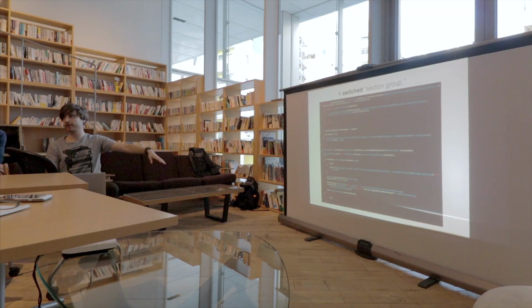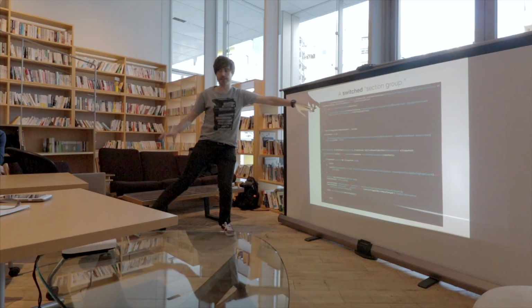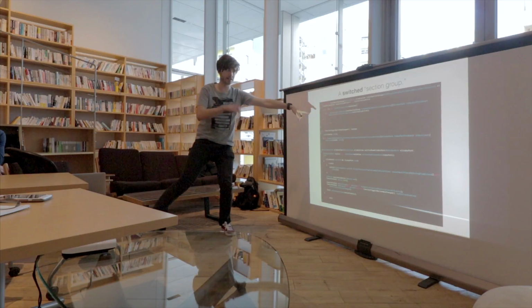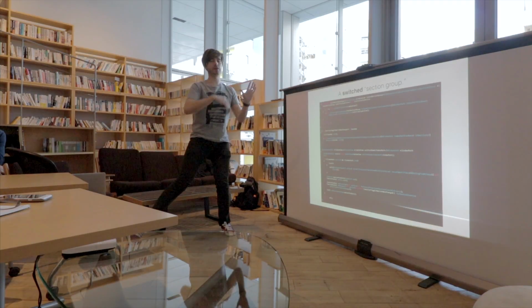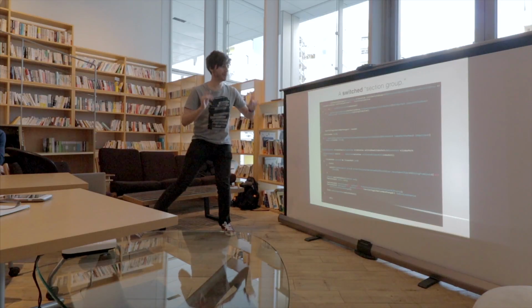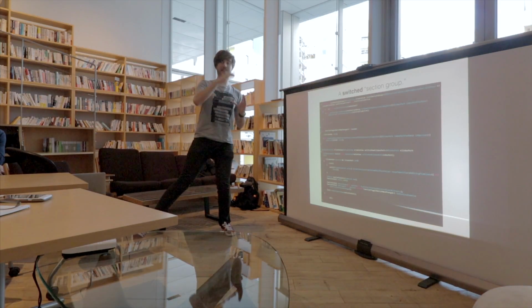This is just how you do a switch section group. It's the same as the other thing, but you pin another section group to an index path within that section group. So it's not like you're pinning it to the outer section group or the outer index path. You see all these section index paths, but you'd pin it to the index path of that section group, which then translates automatically to the top level.